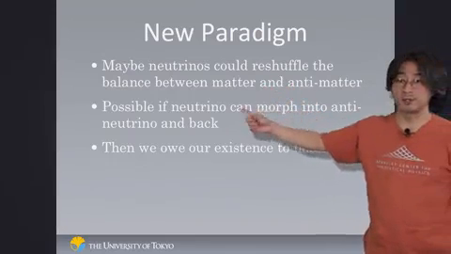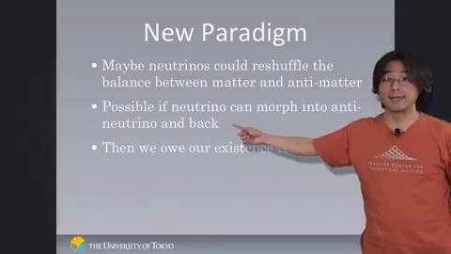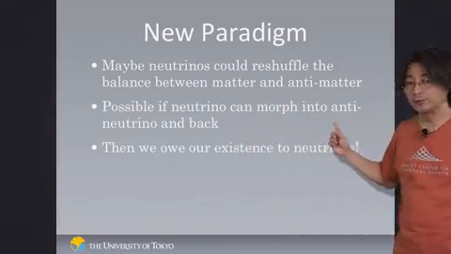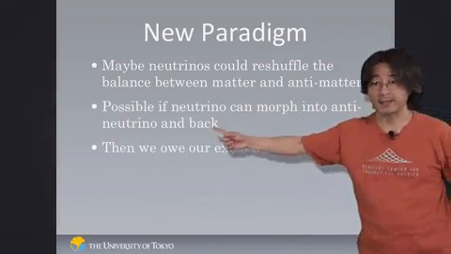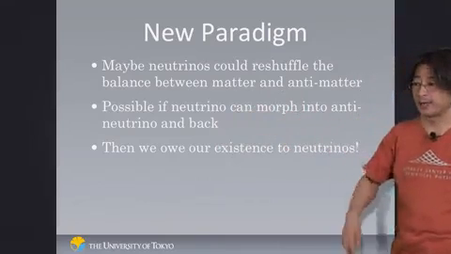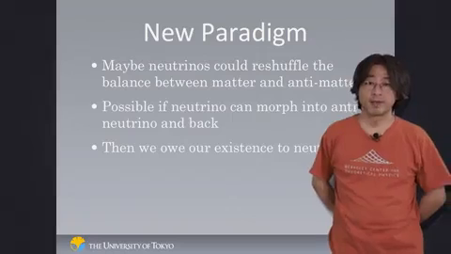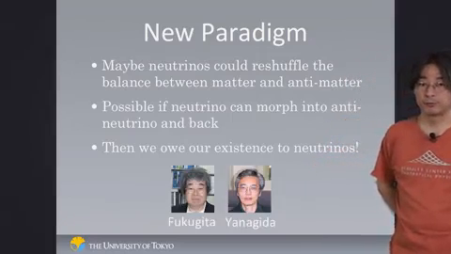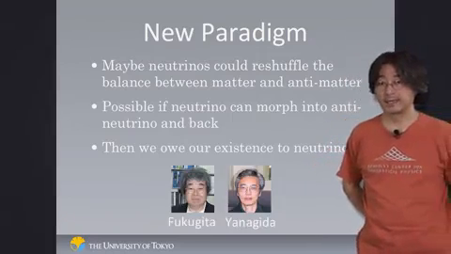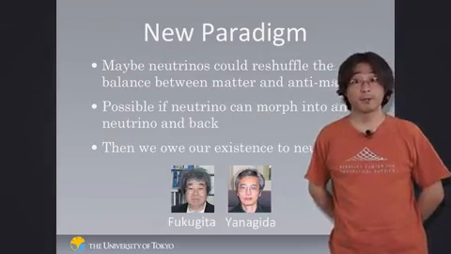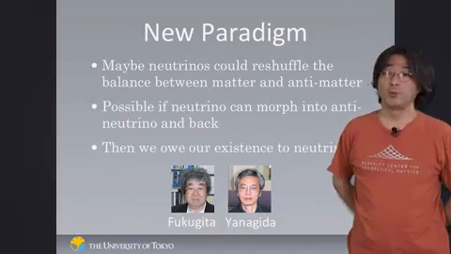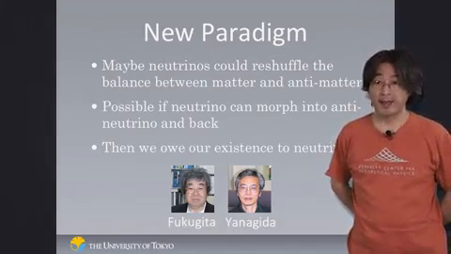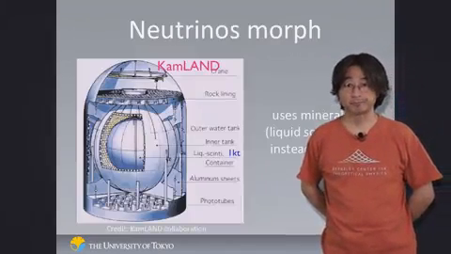Minus 0 is the same as 0. So the neutrino can, in principle, turn into antineutrino and back, and that would help us reshuffle matter and antimatter. And this idea came out from two gentlemen, Fukugita and Yanagita, and became one of the very popular paradigms to explain why we exist, why there's only matter in the universe, but no antimatter.